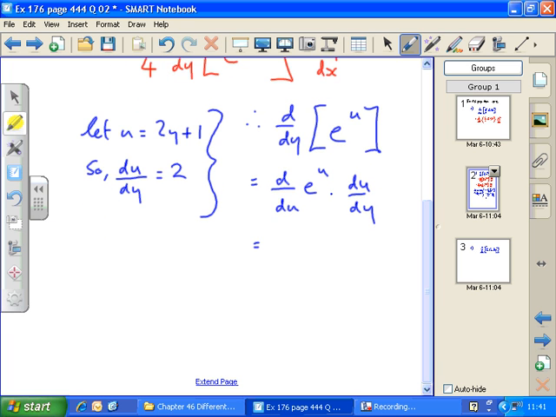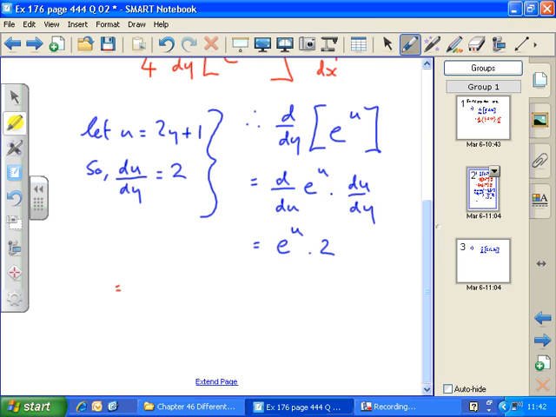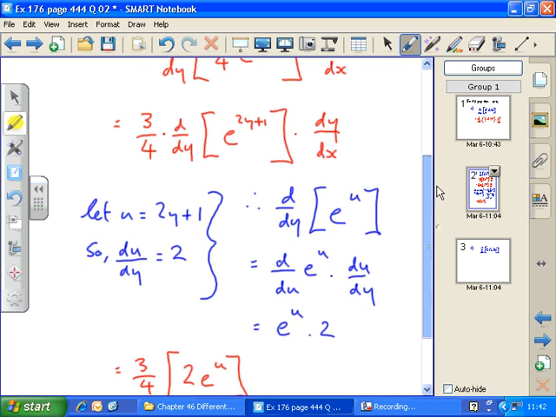Well, the differential of e to the u with respect to u is just e to the u, and we've worked out what du by dy is. It's 2. So the differential with respect to y of e to the u is 2e to the u. So therefore we can write, going back to our implicit differential, this equals 3/4 of 2e to the u times dy by dx.